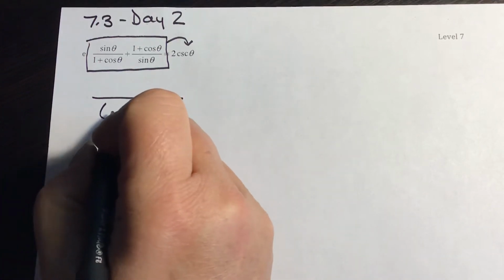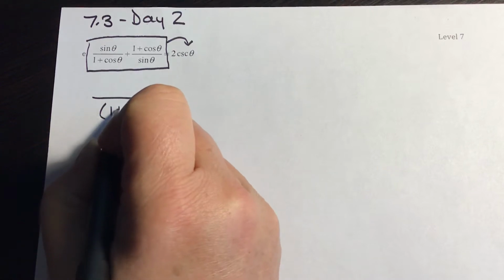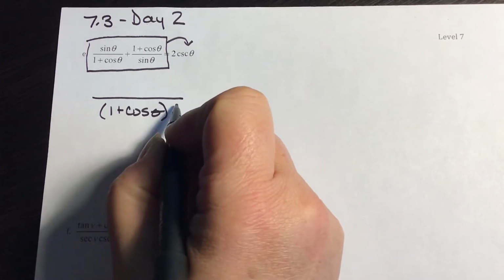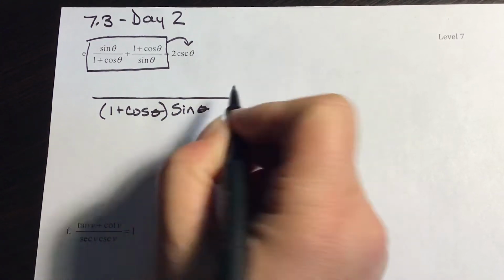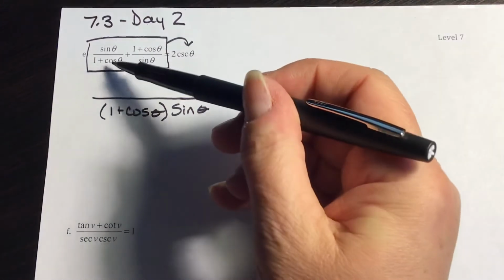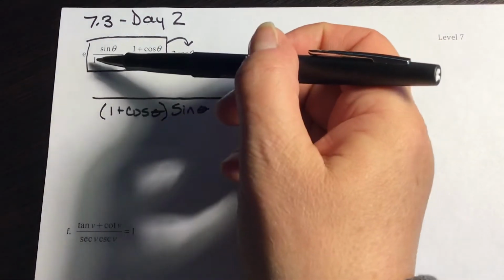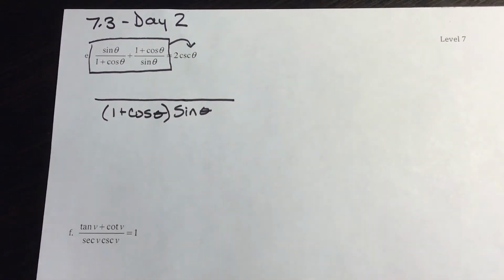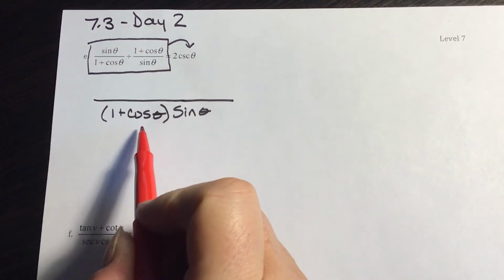And in my common denominator I need a factor of 1 plus cosine of theta and a factor of sine of theta. Now each of these individual fractions were missing a factor of the denominator. So I'm going to multiply each ratio by the factor that's missing.